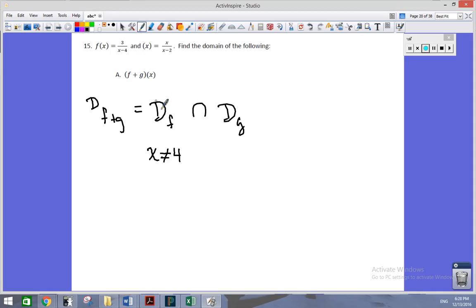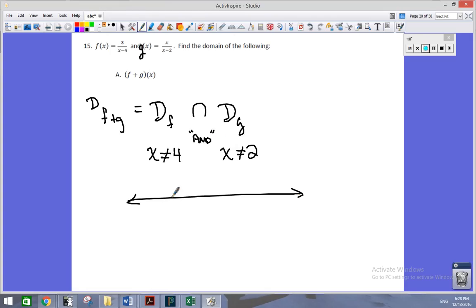I have to throw 4 out of the domain of f. And for g, even though g is not typed there, it doesn't like the number 2 because 2 minus 2 is 0. Both of these have to be true at the same time. This intersection, we think of it as the word and. So we've got x not equal to 4 and x not equal to 2.